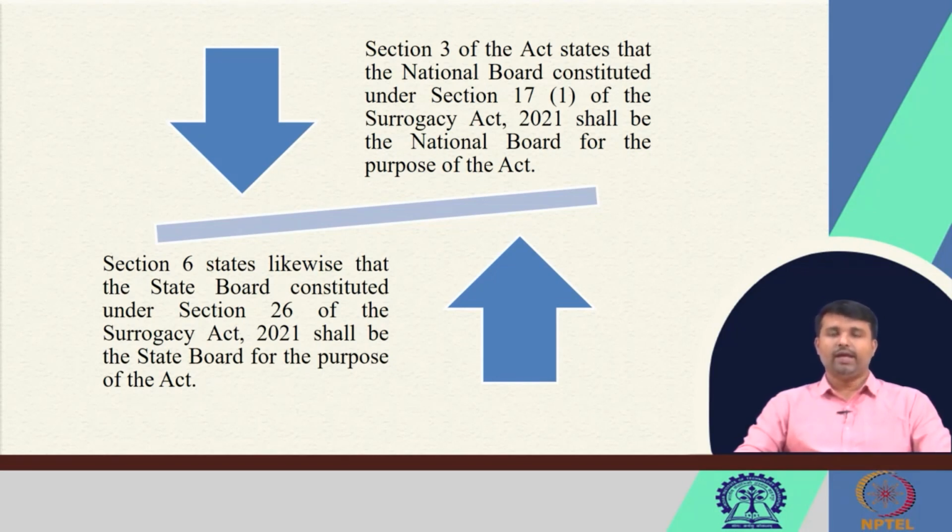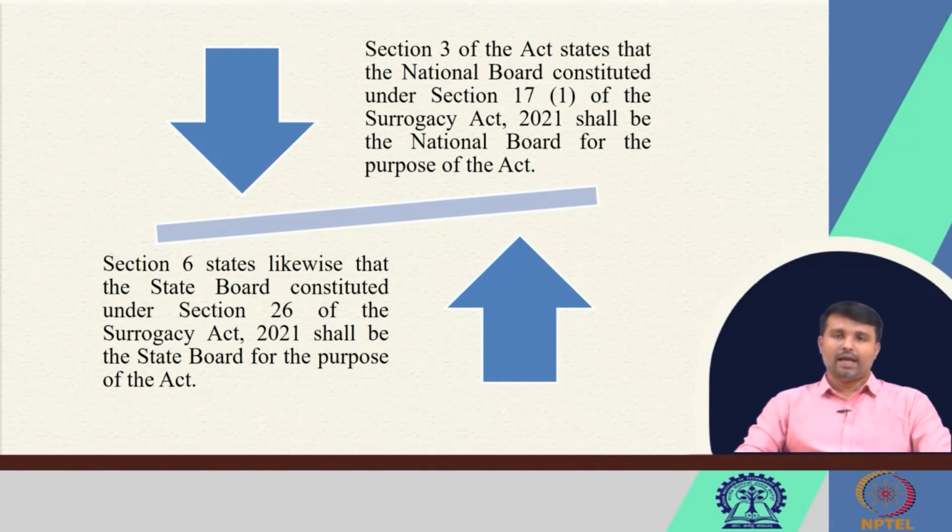This legislation also provides for an institutional framework for regulating activities associated with ART clinics. But instead of creating or constituting a new institutional mechanism, the Act relies on the existing institutional mechanism under the Surrogacy Act for regulation of ART clinics. The Surrogacy Act of 2021 we have discussed in detail in another lecture.